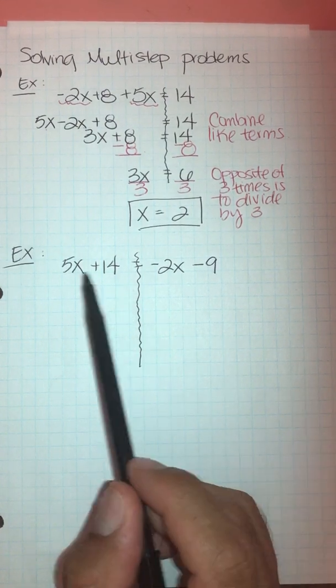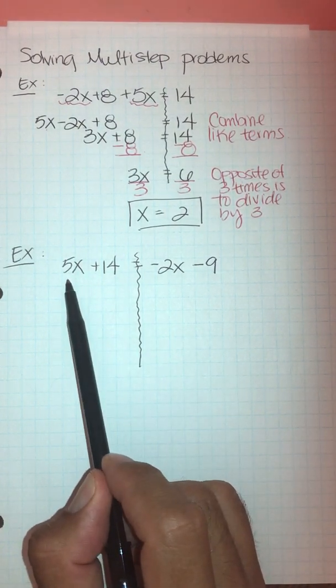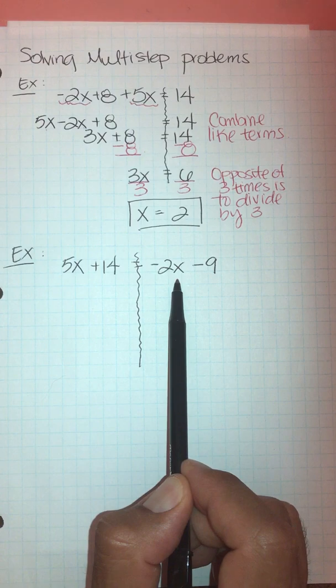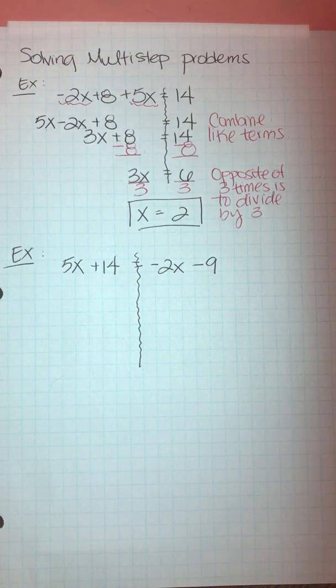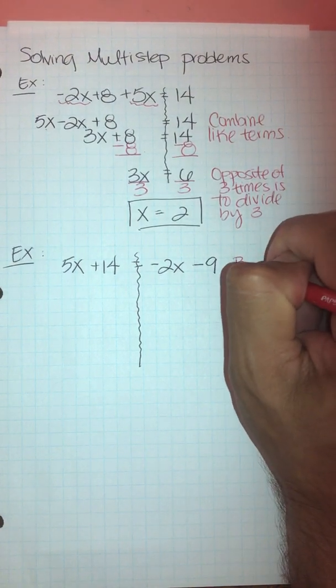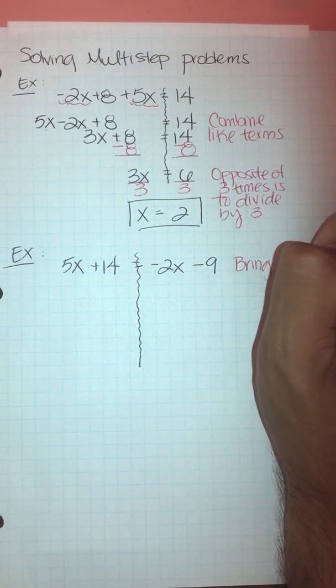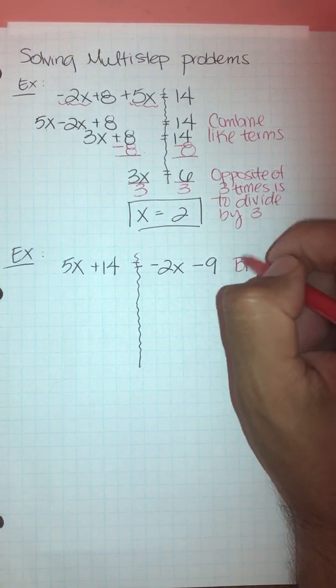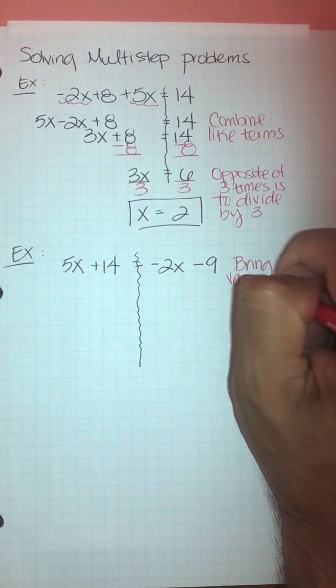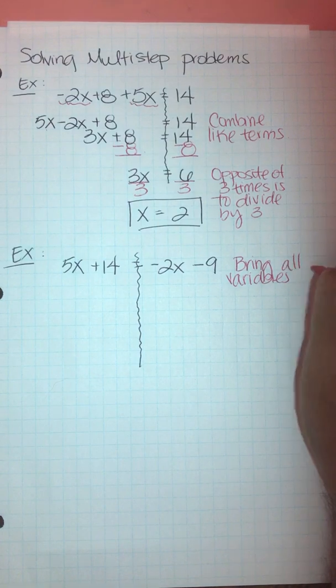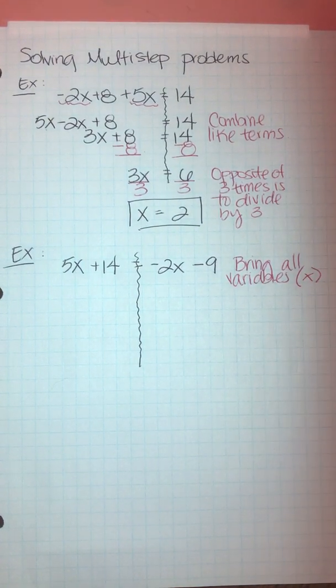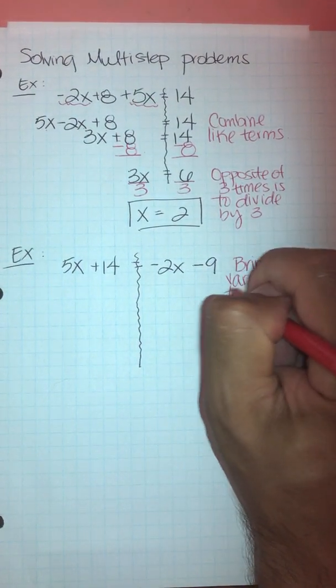Here we see, ladies and gentlemen, on the left-hand side we have a 5x, and on the right-hand side we have a negative 2x. So let's go ahead, ladies and gentlemen, bring all the x's on one side. Bring all variables, in this case it's the x's, to one side.